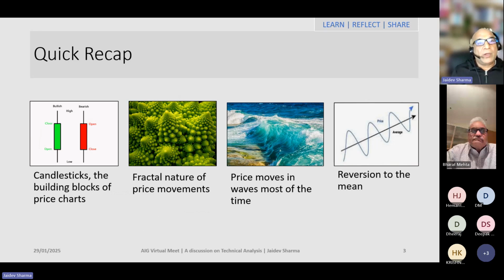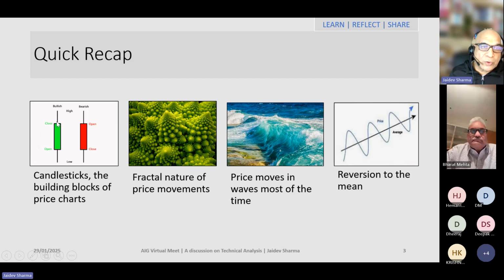So just a very quick recap of some of the concepts I discussed in the first meeting. First and foremost, the building blocks of the charts are candlesticks, where each candlestick represents the price action in a time frame. Okay, a green candle has an open at the bottom, close at the top. This part is called the body of the candle.